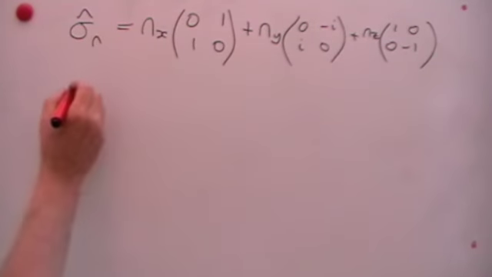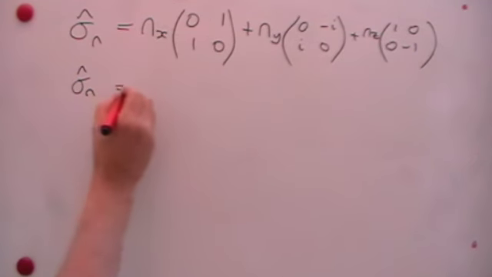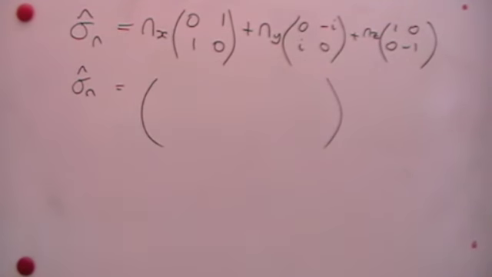And that means that sigma n is going to just become a ginormous matrix. It's still going to be 2 by 2, but we're going to have to do the superposition of all of them. So let's think about the top left-hand corner.